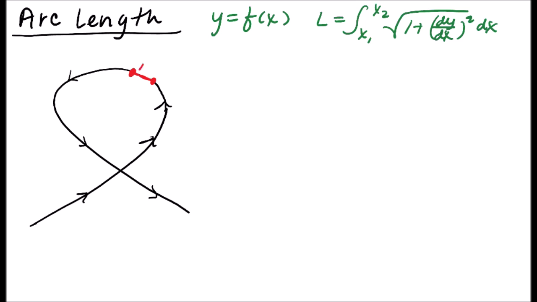All right, so I'm going to call this length delta p for a small piece of arc length. And we know that the length of delta p is given by the square root of, well, what? Okay, so I pop out this delta p and get an enlarged version over here. Looks about the same.